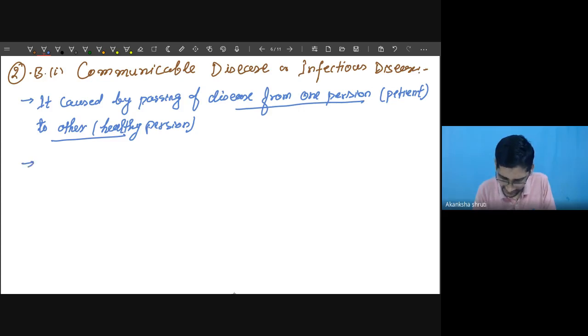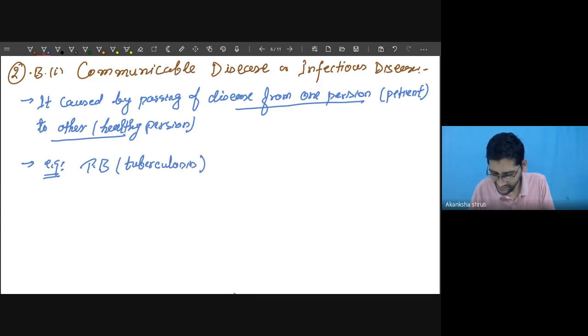Student, we can write down the example. Example, TB, which means tuberculosis. So what is this TB?